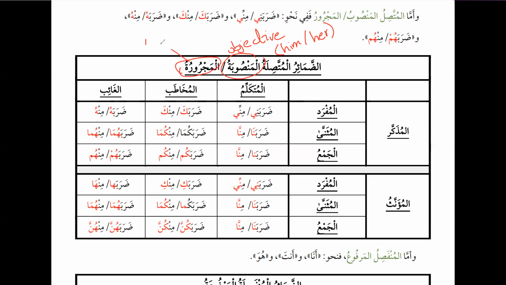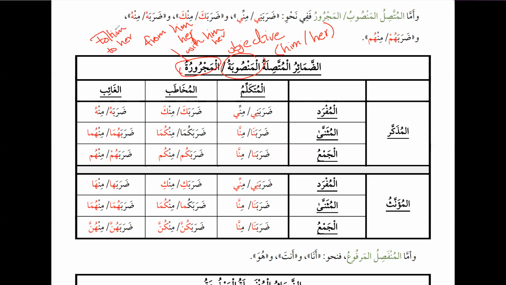like in English, when you use a preposition, you will say I took this pen from him. You don't say I took this pen from he. I took this pen from her. I am with him. I am with her. طيب, كذلك I am going to talk to him and I'm going to talk to her.